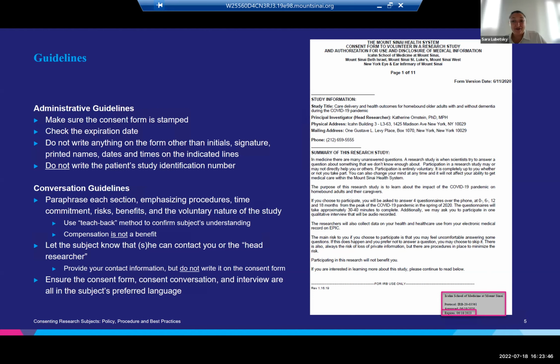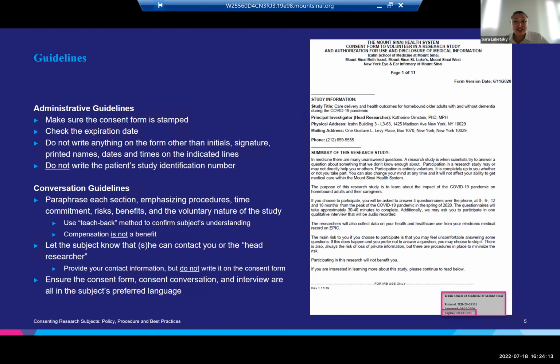They do not have to sign the consent form. They are still eligible for any benefits that they otherwise would have been entitled to. It will not affect their patient care in any way. Very, very important to emphasize those things. It is also important that they know who they can contact if there's a problem.